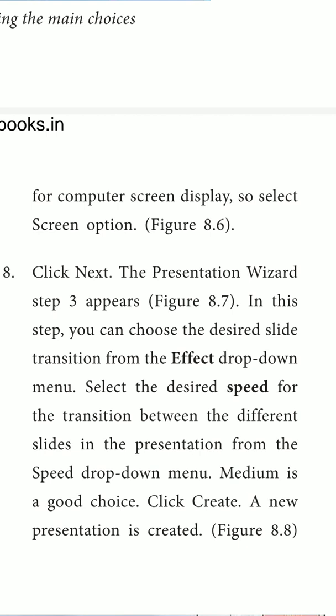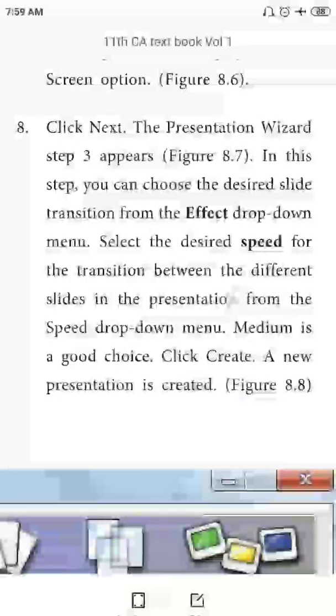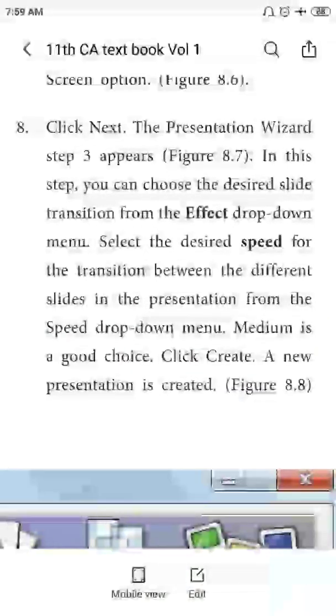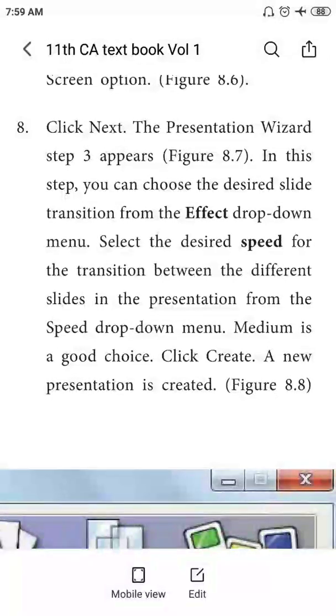In this step you can choose the desired slide transition effect. The most used will be drop down or lift up. This kind of animation will be there in the predefined settings itself. Next, select the desired speed for the transition between the different slides in the presentation.